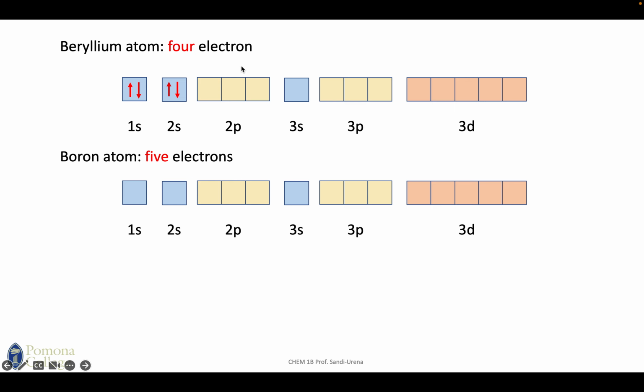Boron, 5 electrons, 1 up, 1 down in the orbital 1s, 1 up, 1 down in orbital 2s, 1 up in the 2p. And you're asking, how do I know I place that electron in the far right orbital of the 2p subshell and not in the middle or the left? I said it backwards, but you get the idea.